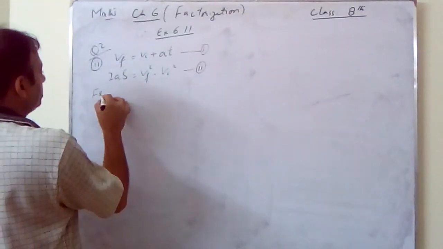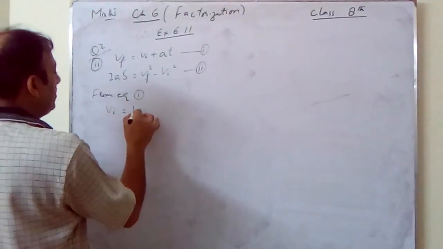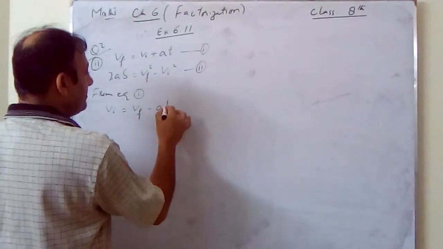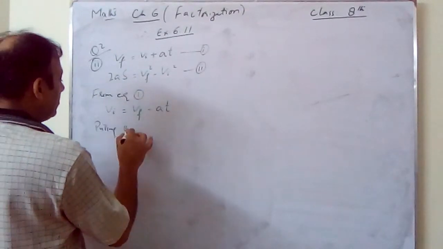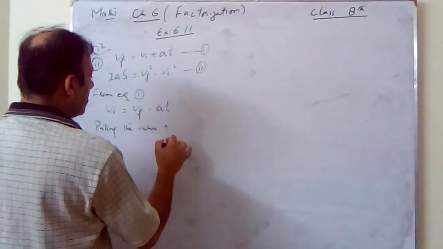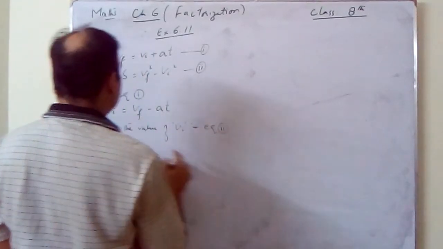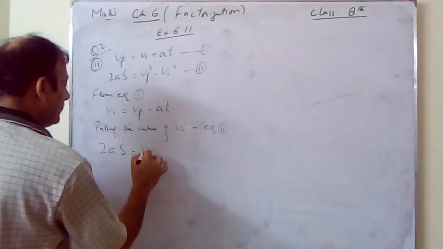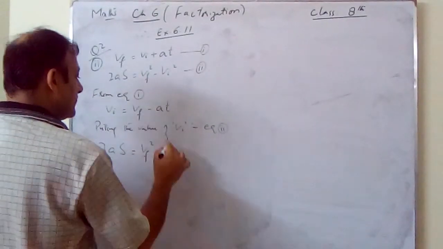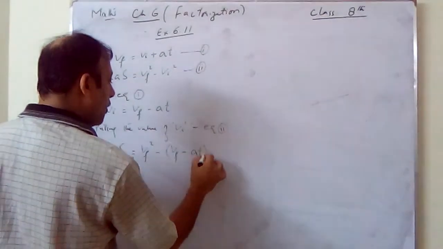From equation 1, Vi is equal to Vf minus At. Putting the value of Vi in equation number 2. So 2As is equal to Vf square minus, Vf minus At whole square.